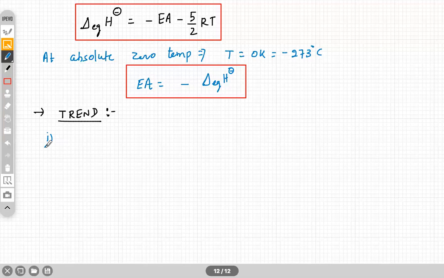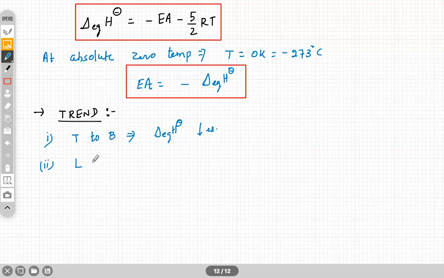The first point: as we go down the group, top to bottom, delta Eg H naught, electron gain enthalpy, decreases.